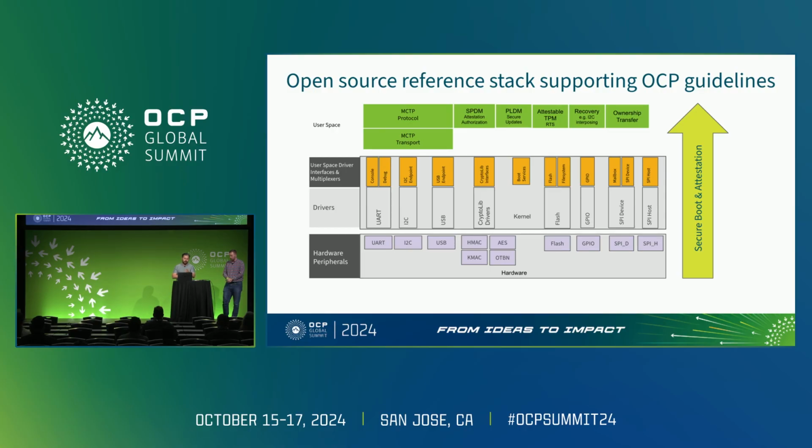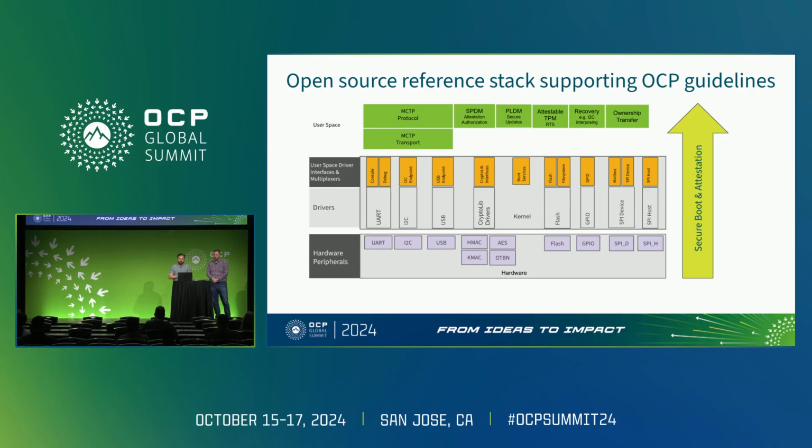Some of the previous presentations that we had earlier today are incorporated into this reference stack. I think I will let Jeff speak to that with respect to SPDM and attestation. Oh yeah, so there are different libraries listed right here, and it would be nice to have open reference implementations for memory safe languages like Rust.